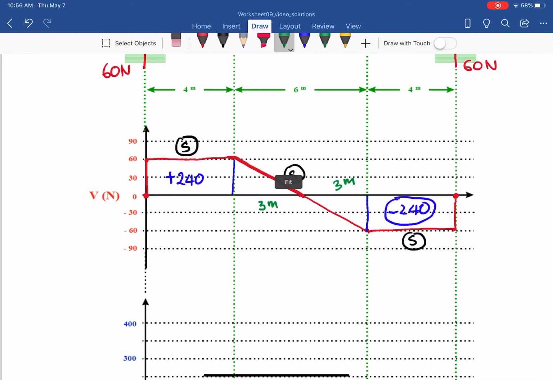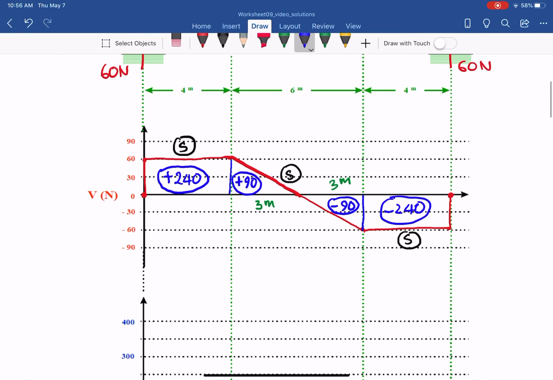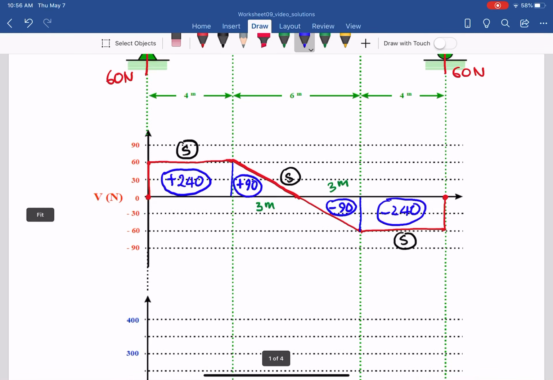So for the triangle, you have 60 times 3 divided by 2. 60 times 3 equals 180, divided by 2 because it's a triangle, so it will be plus 90 for that area. And that one will be negative 90, negative 60 times 3 divided by 2. So for triangles, keep that in mind, not 180. You have to divide by 2.